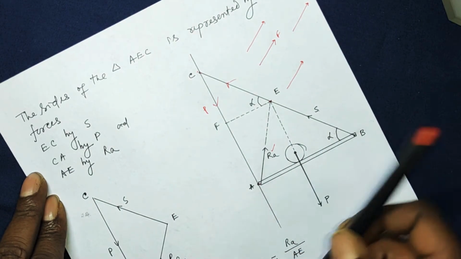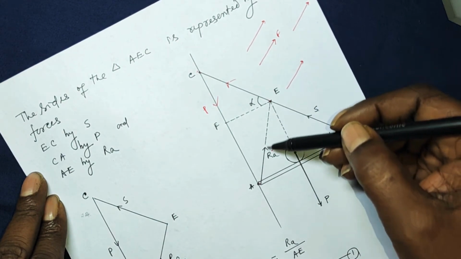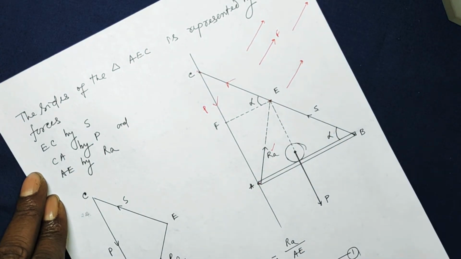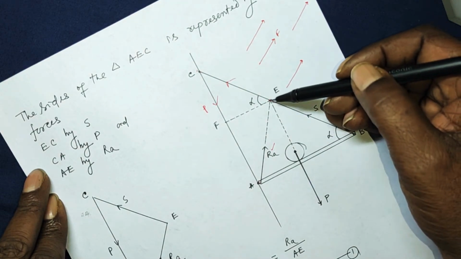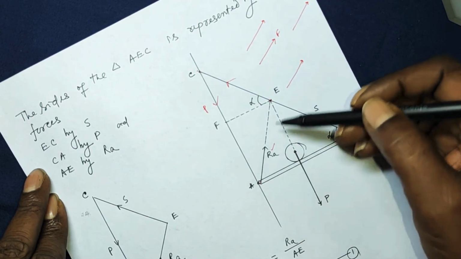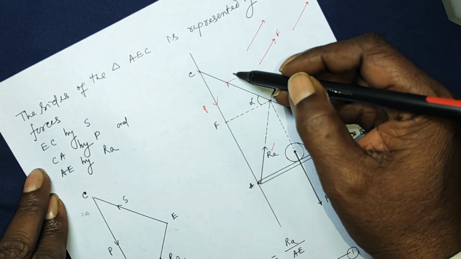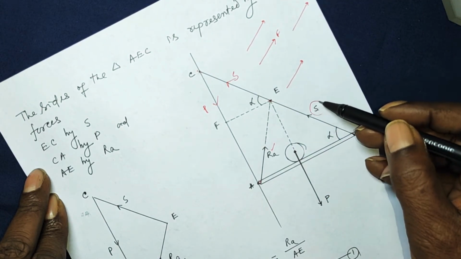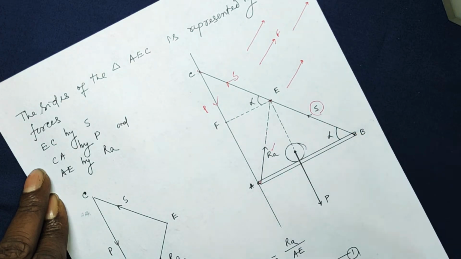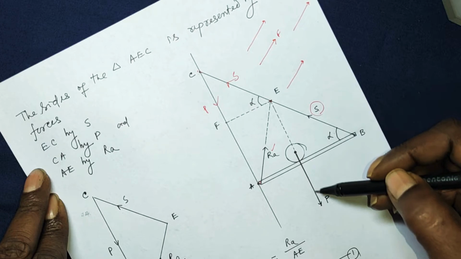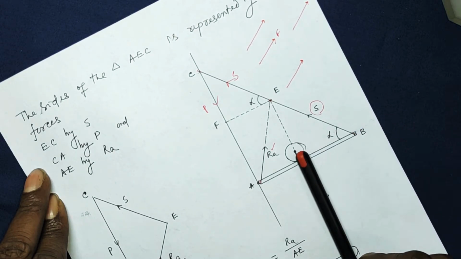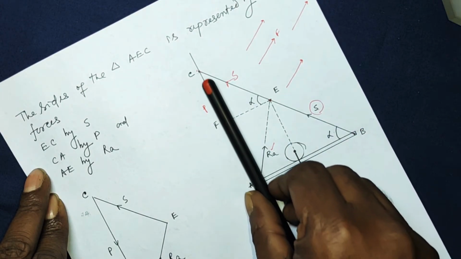RA, no need to shift. Why did I say so? Then you get a closed triangle. If you look at the triangle ECA, the side EC is represented by S, by shifting this tensile force S parallel to itself. The side CA is represented by the load P, by shifting the load parallel to itself.